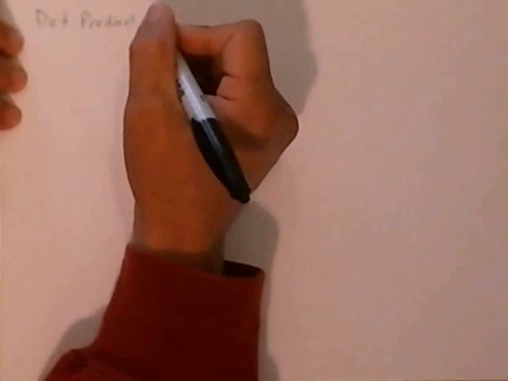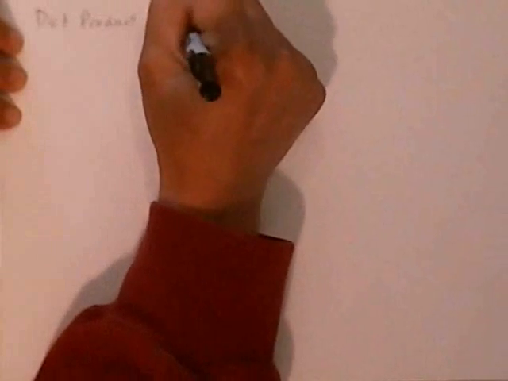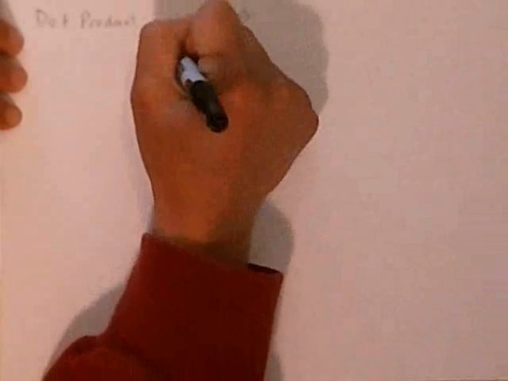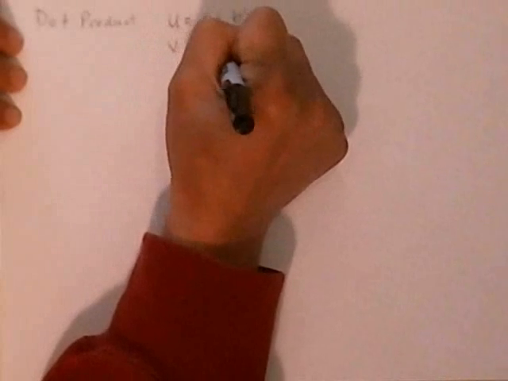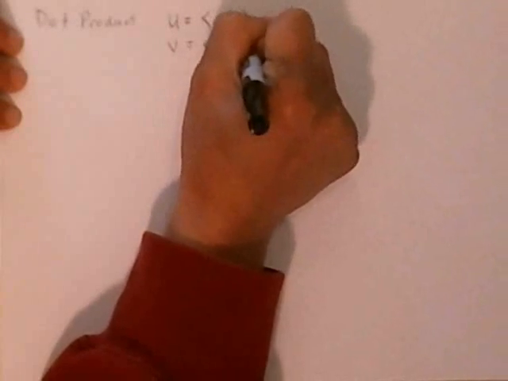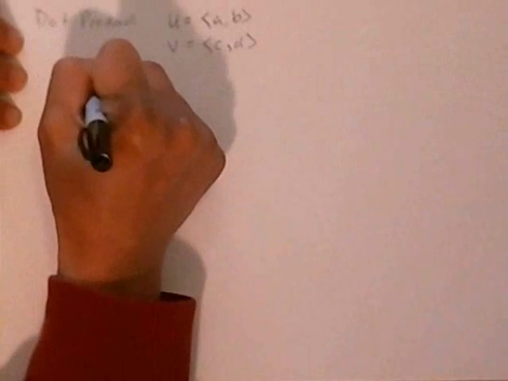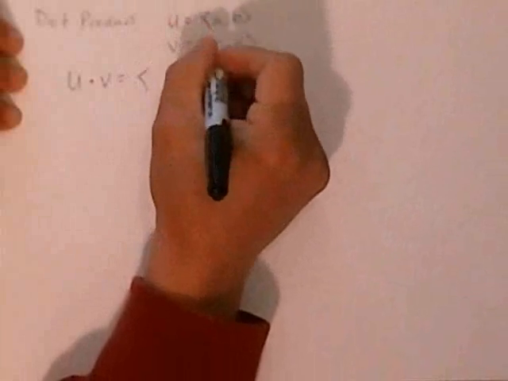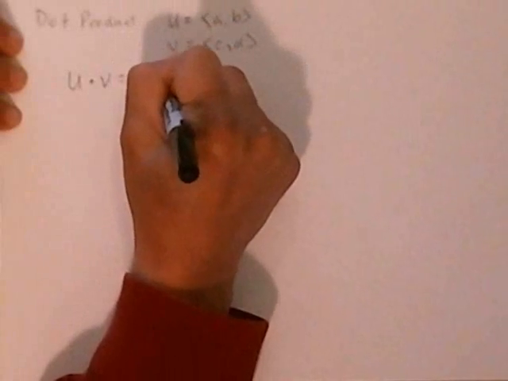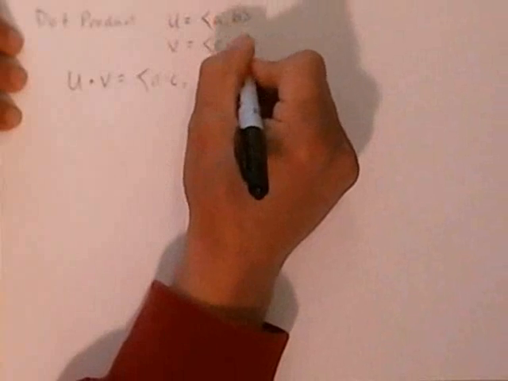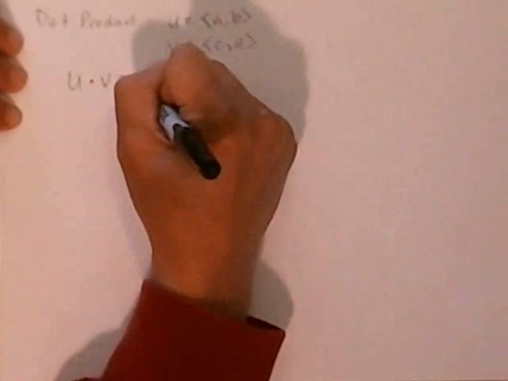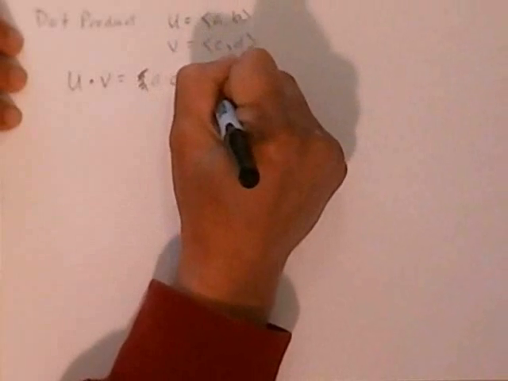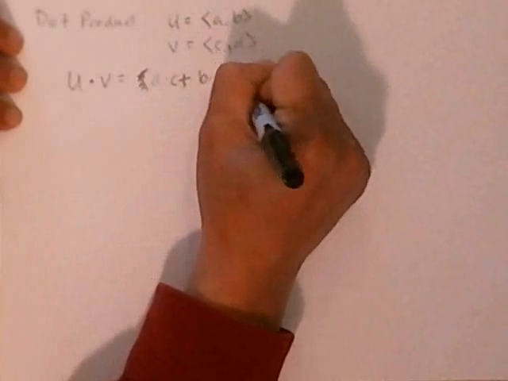Here's the definition of the dot product. If you have a vector u of a comma b, and vector v is c comma d, the dot product u dot v is equal to, we're just going to multiply the x coordinates, a times c, plus b times d, and it comes out to be a scalar.